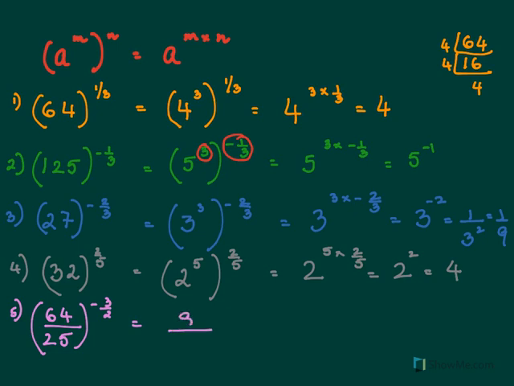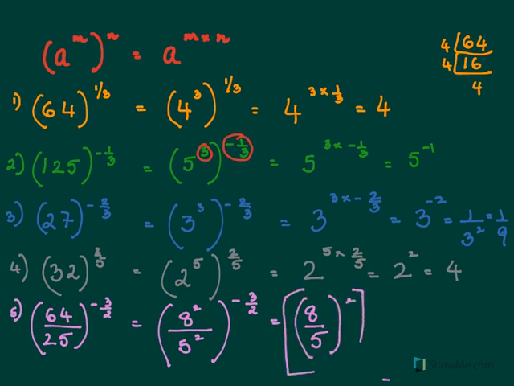For the next, 64 over 25 raised to minus 3 by 2. Now for 64, I can write 8 raised to 2, and for 25, I can write 5 raised to 2. The whole thing is raised to minus 3 by 2. Now it is 8 raised to 2 and 5 also raised to 2, so I'll put 8 by 5 raised to 2. And then the outer bracket, which is minus 3 by 2.